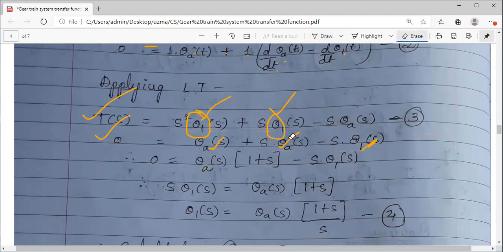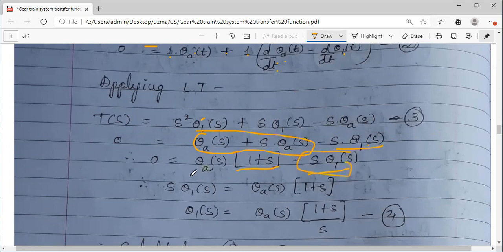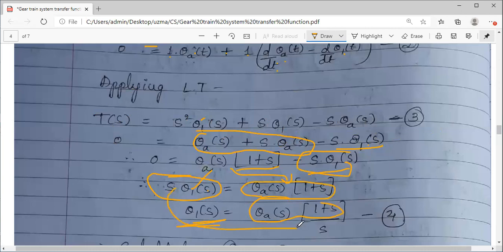So from the second Laplace transform equation, I will take theta A common: (1 plus S) theta A minus S theta 1 of S. Then taking this to the other side, S into theta 1 of S is equal to the remaining terms, so theta 1 of S is equal to (1 plus S) theta A as it is. This S will come to the denominator. So I have found theta 1 from this equation.